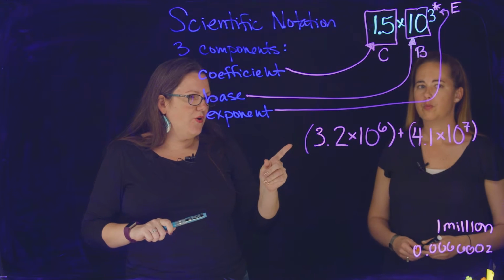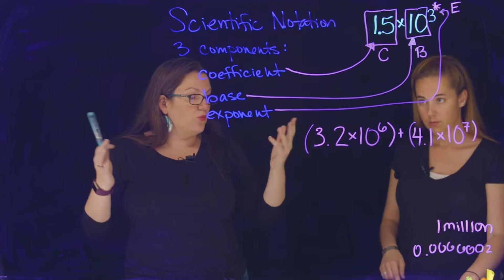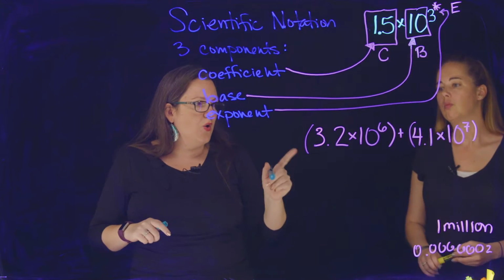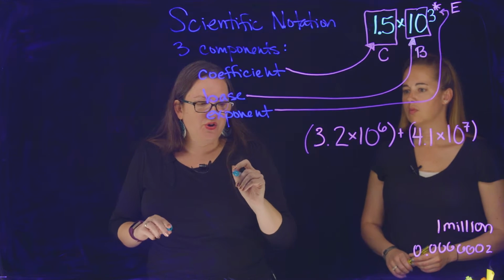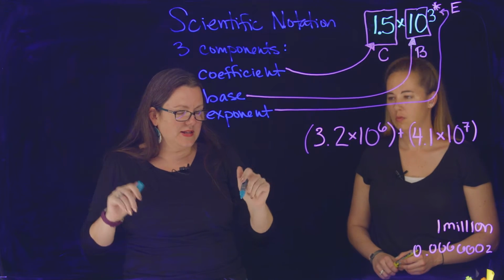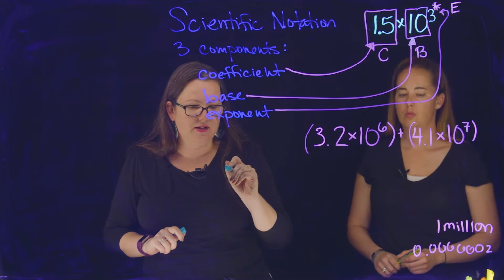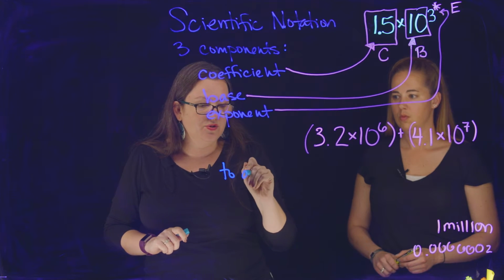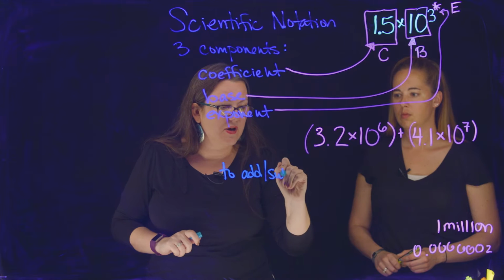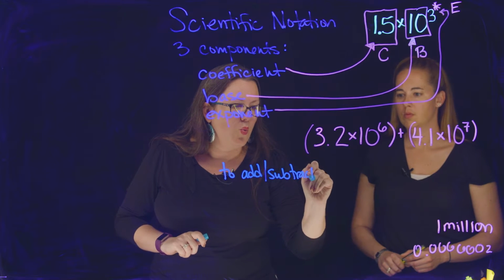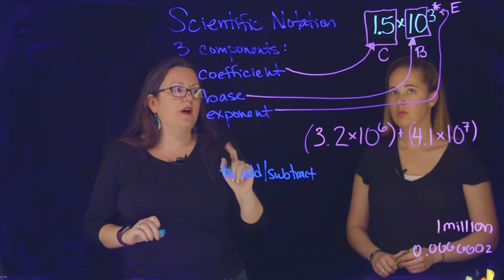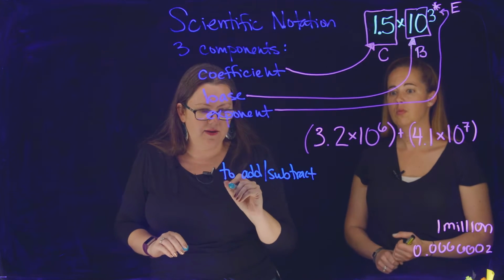Okay, so there are some rules that we can think about when we're working with these numbers. There are different rules for adding and subtracting versus multiplying and dividing. To add or subtract, one of the first things we need to do is make sure that our exponents are the same.